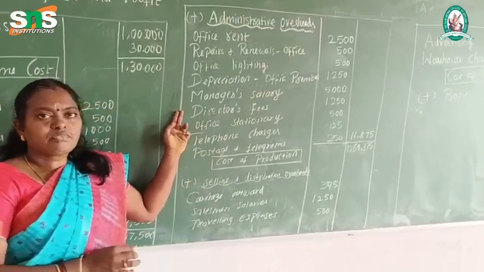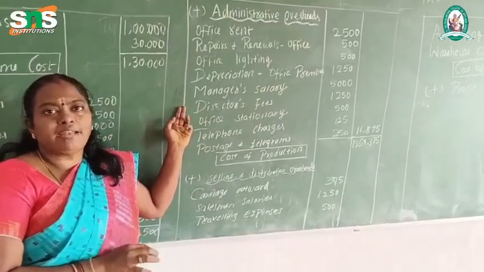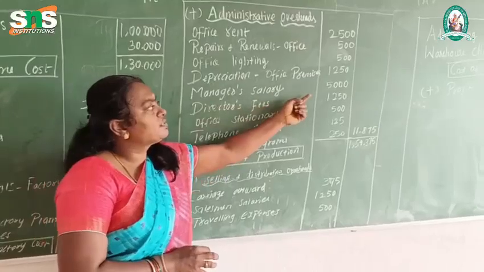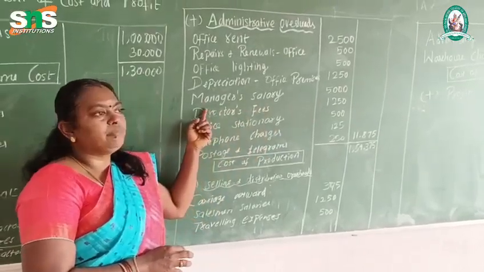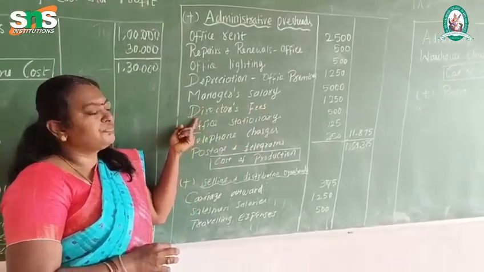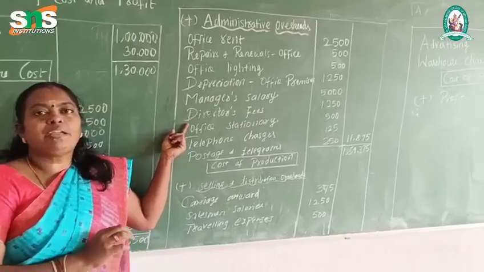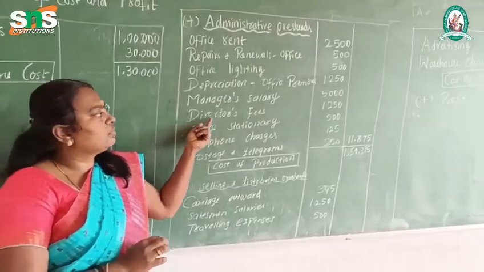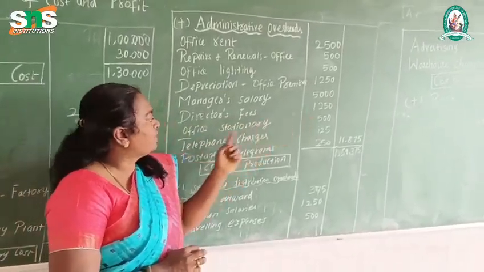Next thing, we have to give the salary for manager. So, the manager salary is rupees 5,000. The manager will be in the office. Then director. In each and every office there will be a director. For director, we have to give rupees 1,250.